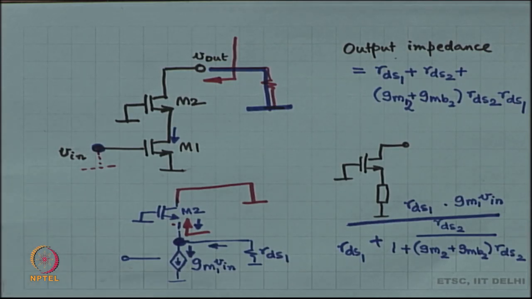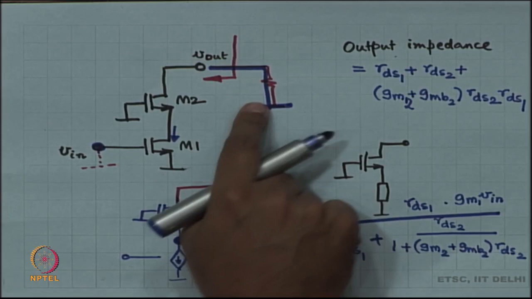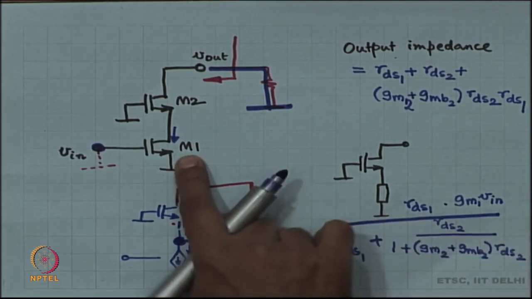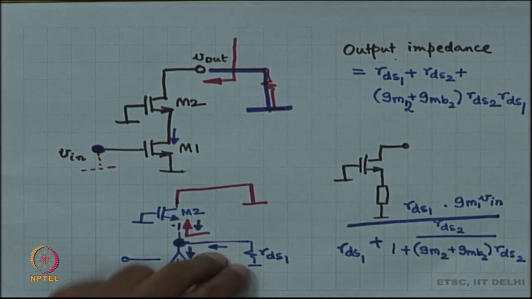So, almost all of it is going to go into the source of M2. So, whatever current it produced, all of it went into the short circuit. Fine. So, therefore, the transconductance is approximately GM1. Is it okay? Do you understand what happened over here?